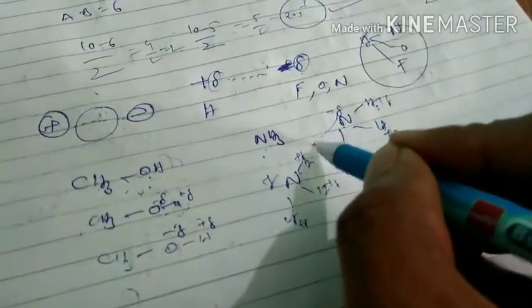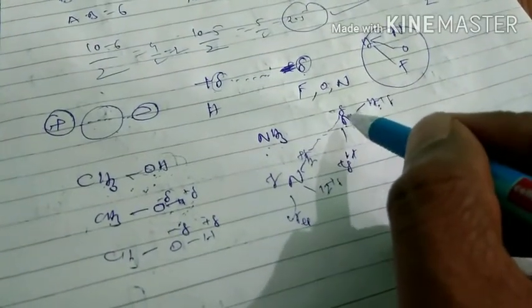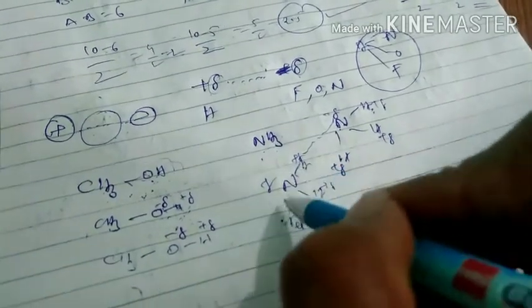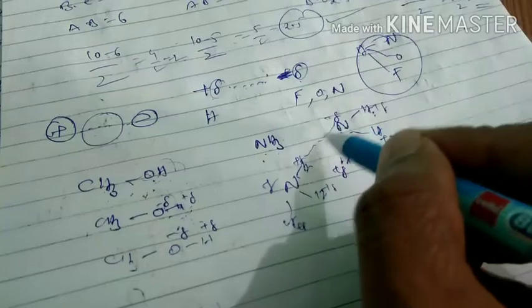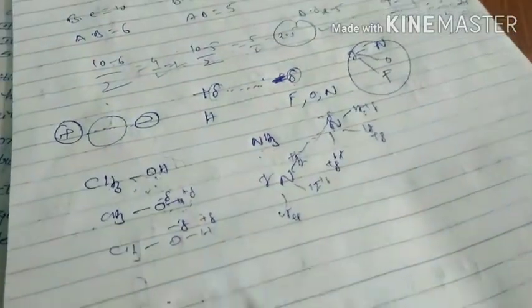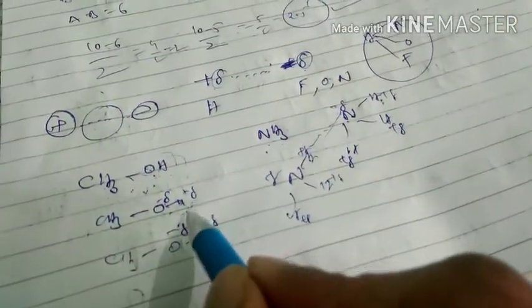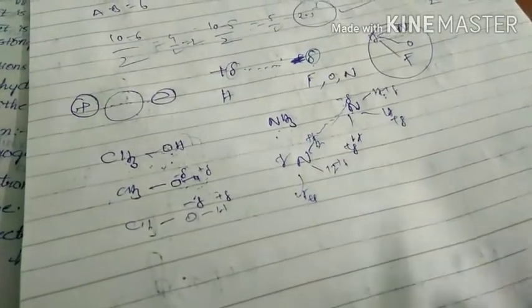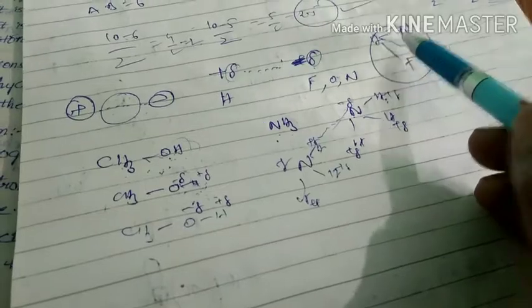Now attractions are present between one nitrogen atom of ammonia and a hydrogen atom of another ammonia. This bond is called hydrogen bond. So to exhibit hydrogen bond, what is the condition? Hydrogen should be attached with either nitrogen or oxygen or fluorine.